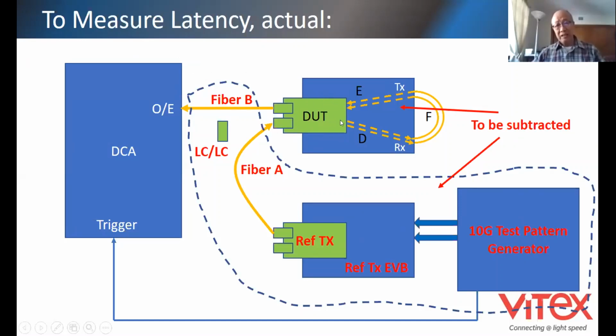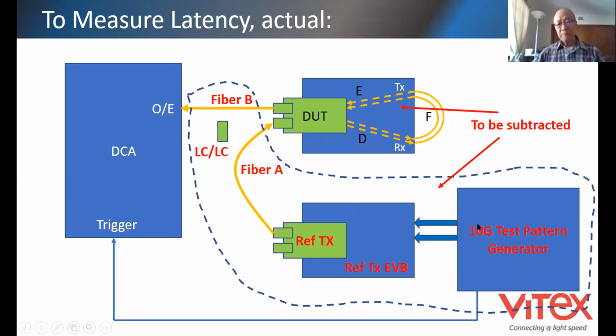Then the output from the transmitter goes through the traces on the EVB, a looping cable, and traces on the EVB into the O-to-E unit of the DCA, which is triggered by this pattern generator.